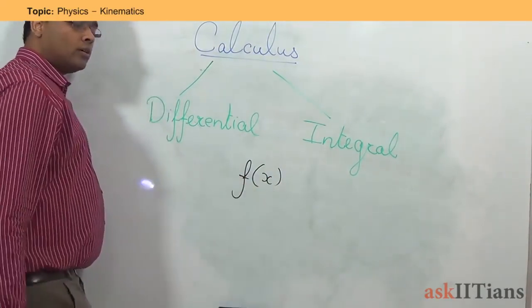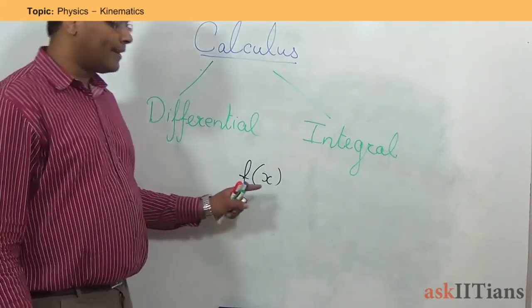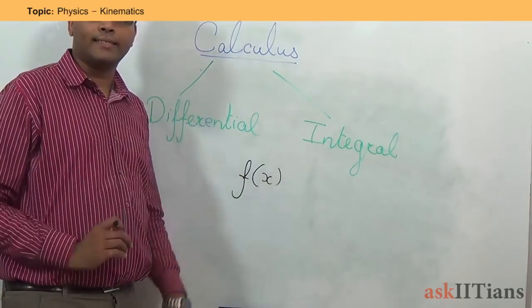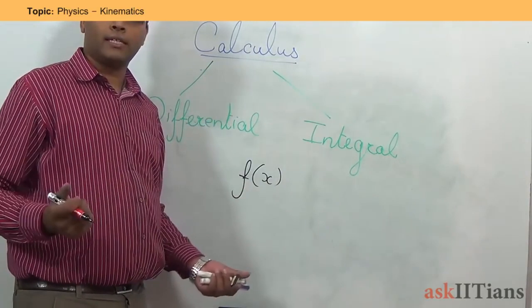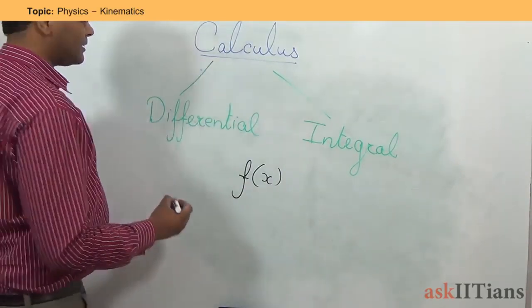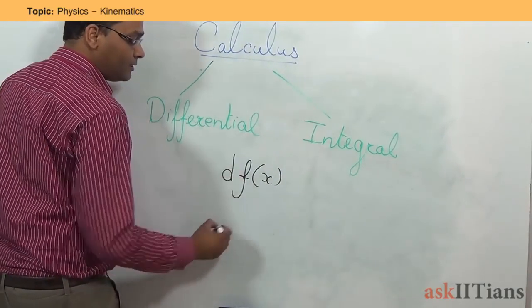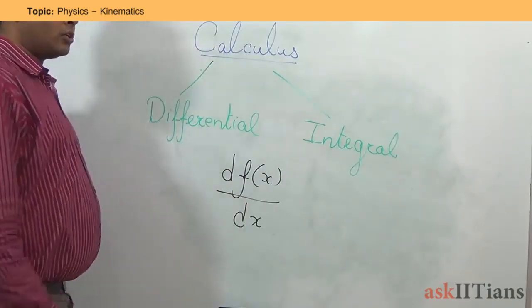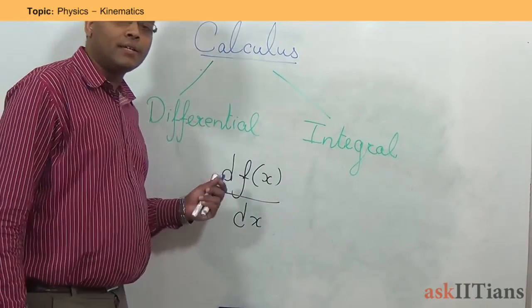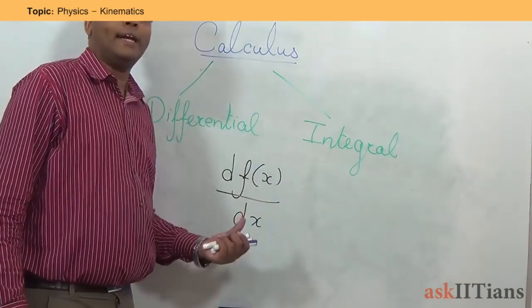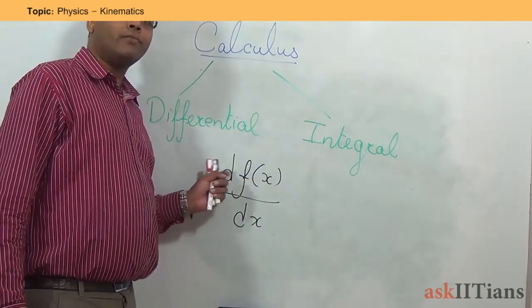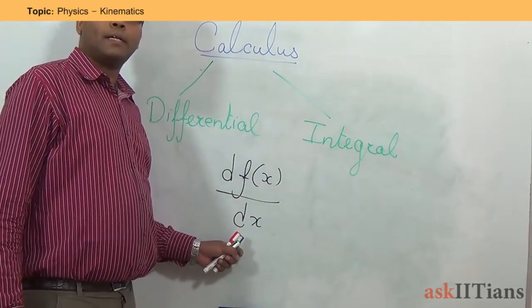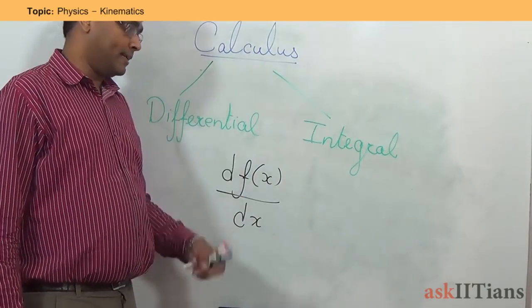We want to know, when I change the argument x by a very small factor, let's say dx, how does the function change? So that is represented as change in the function divided by change in its argument. This is what is known as differentiation or the derivative. So this is known as the derivative of the function f with respect to x, that is df by dx.